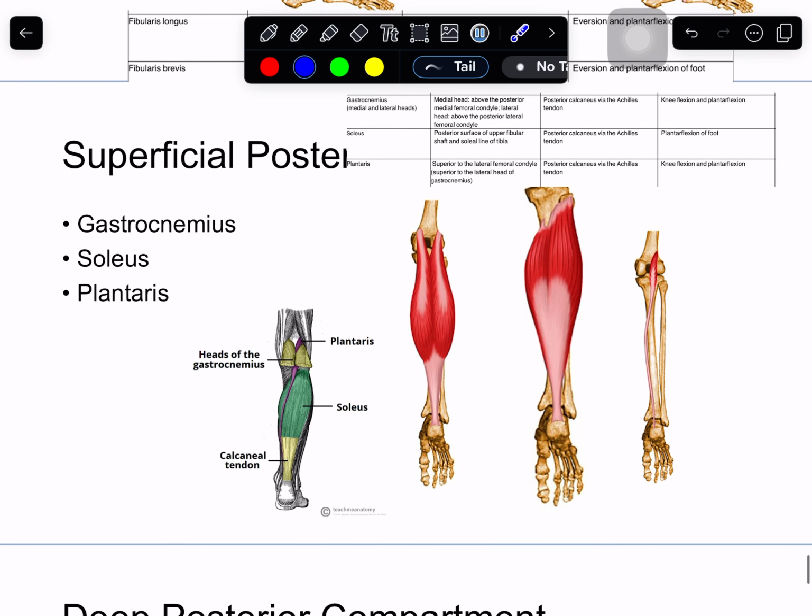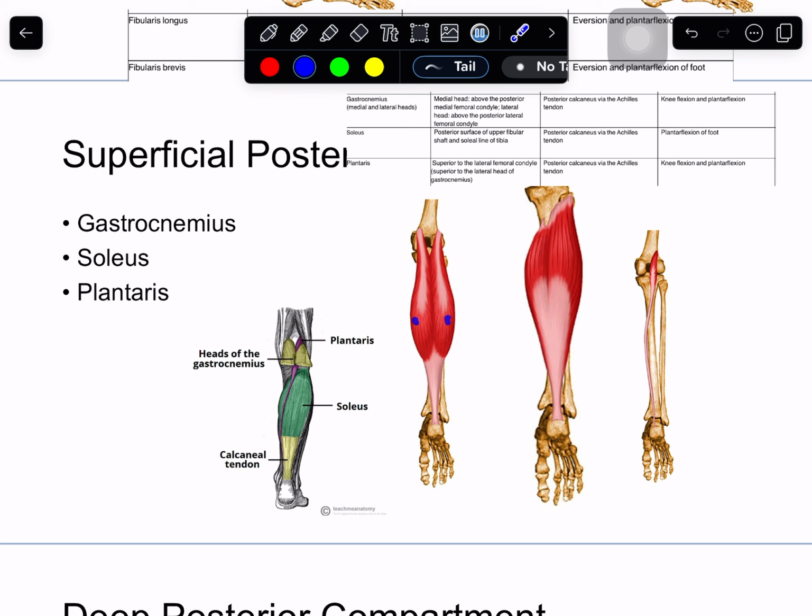So again, we've got two heads, medial head and the lateral head, and they are going to originate from the medial epicondyle of the femur and our lateral head from the lateral epicondyle of the femur. So the medial is going to be coming from the medial epicondyle and the lateral head from the lateral epicondyle. And these are going to come down.